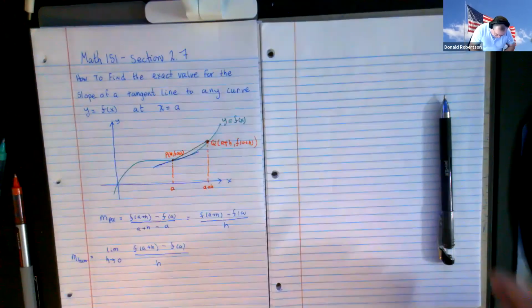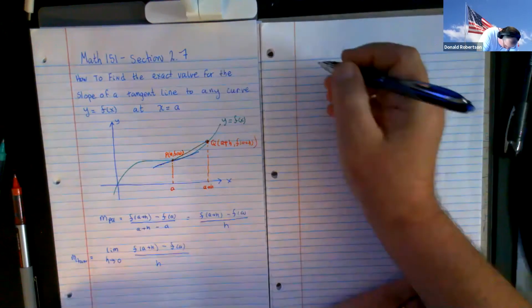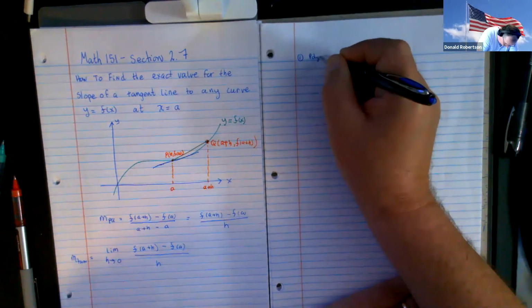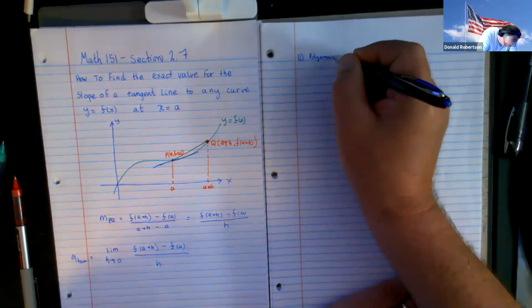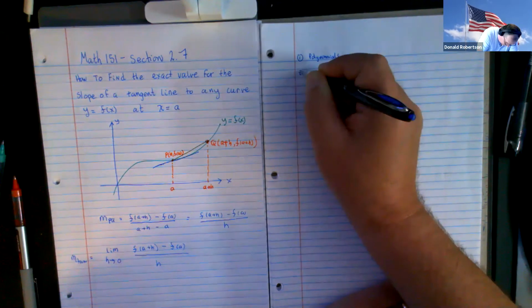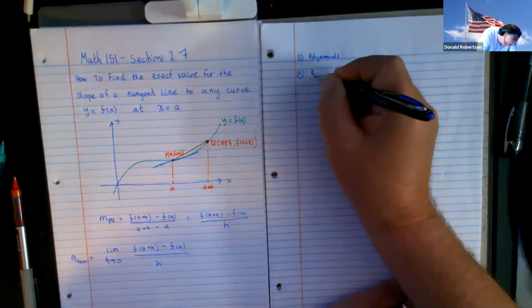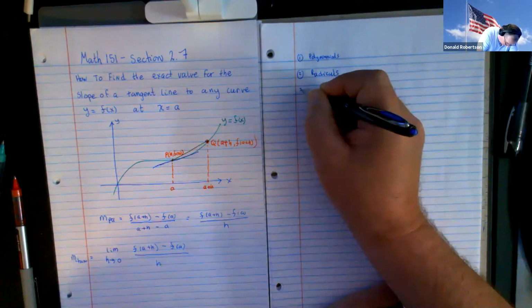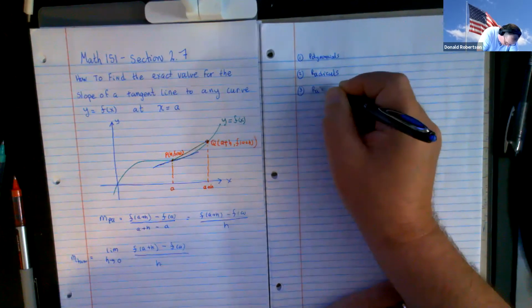And we're going to be doing it for polynomials. We're going to be doing it for radicals. And we're going to be doing it for rational functions as well.